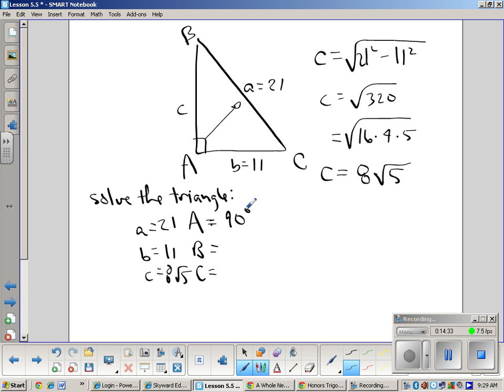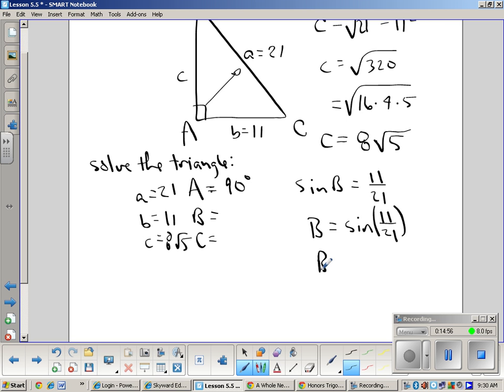So sine. So sine of B equals 11 over 21. And so B is going to equal the inverse sine of 11 over 21. So B is about 31.6.